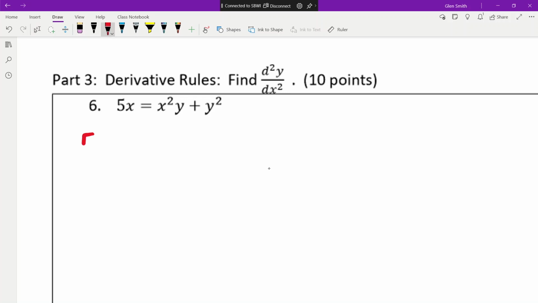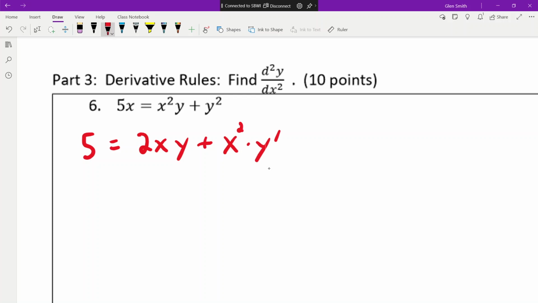All right, let's move on. A lot of people didn't like this one for a very simple thing they messed up. You ready? I want the second derivative of this. The derivative of the left side is 5. The derivative of the right side, so many people messed up this derivative. That's a product, so we have to use the product rule.